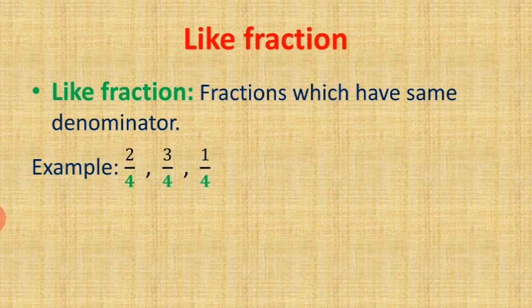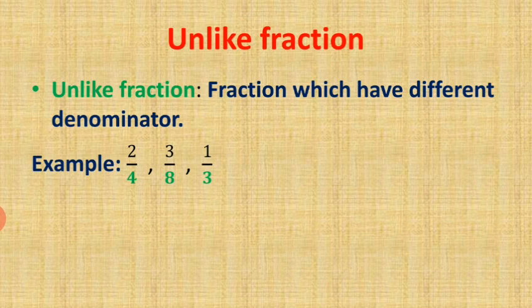In all these three fractions, all the denominators are same, means they all are called like fraction. So once again, in like fraction, denominators of all fractions must be same, then all those fractions are called like fraction.